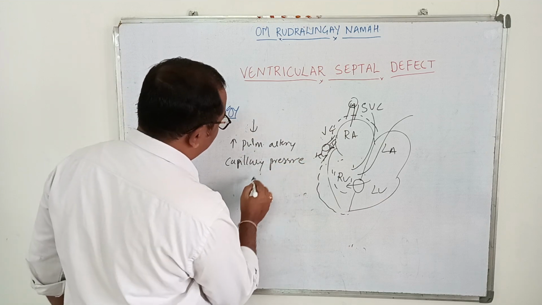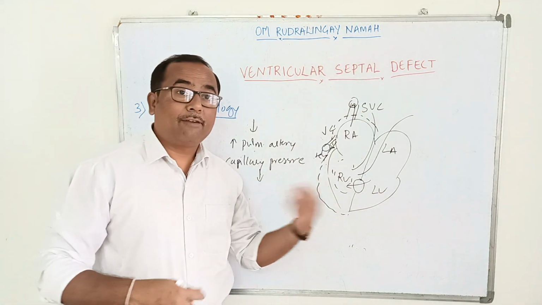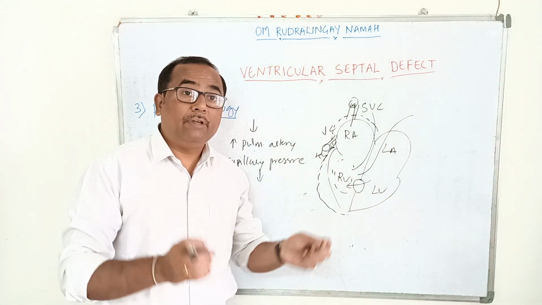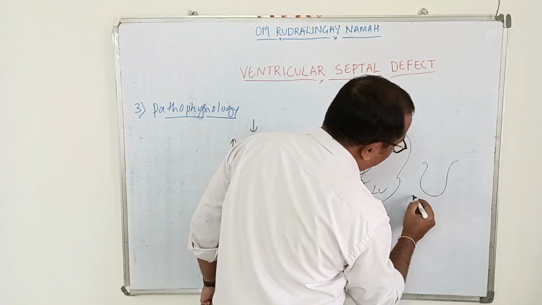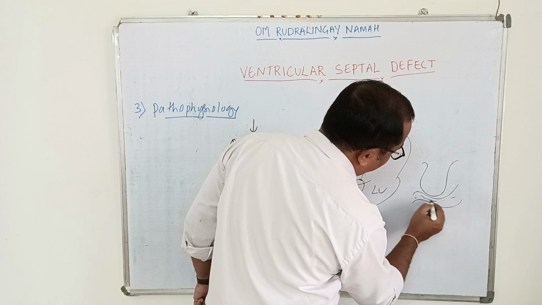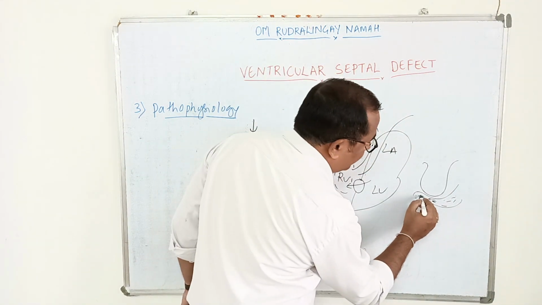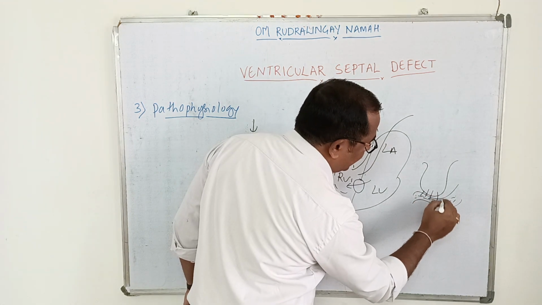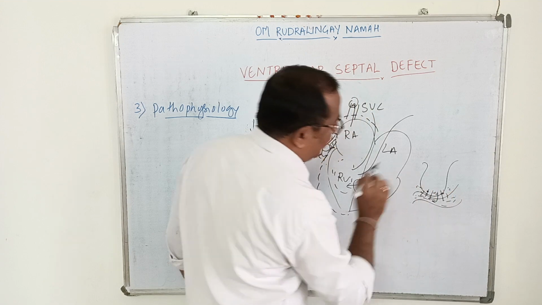Because of this increased pulmonary artery capillary pressure, what happens here? Fluid will start being forced from the pulmonary artery capillary into the alveoli and alveolar structures. This is the alveoli, and these are the pulmonary artery capillaries. More and more blood is coming to the pulmonary artery, so pulmonary artery capillary pressure increases. So there is shunting of fluid, that is, fluid will start leaking into the alveoli and alveolar structures.